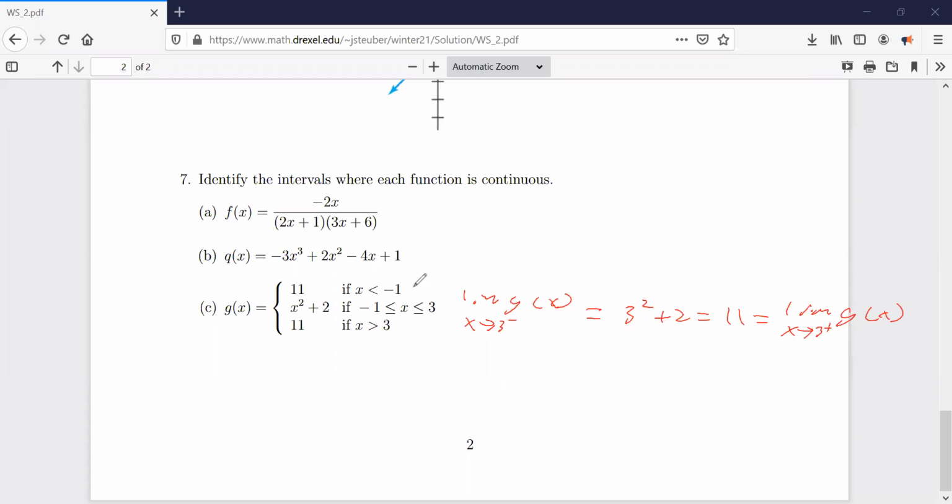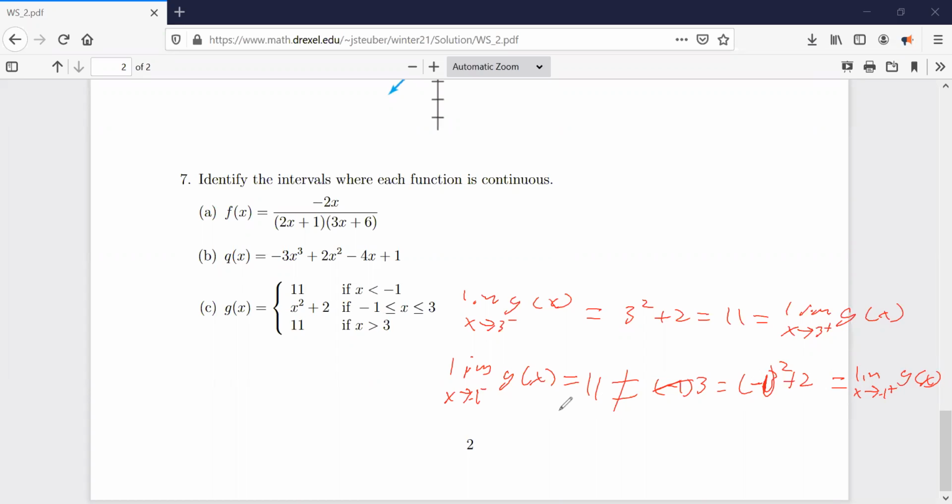So that tells me that it works at 3, and now I just have to check, does it work at -1? So the limit of g of x as x approaches -1 from the left-hand side is equal to 11, and that's not going to be equal to -1 squared plus 2, which equals 3, the limit as x approaches -1 from the right-hand side of g of x.